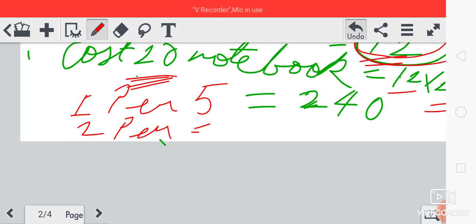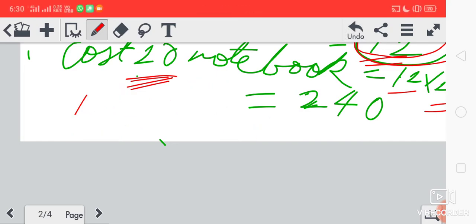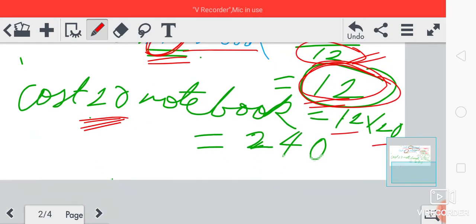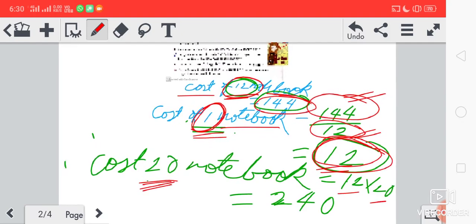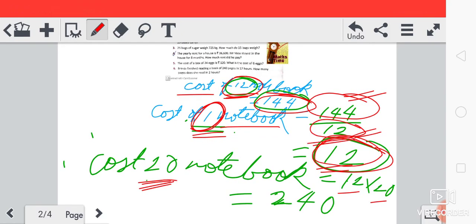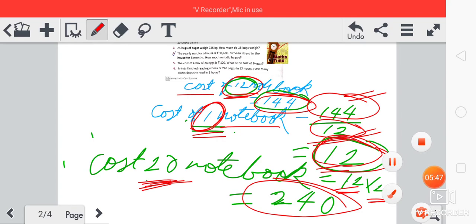Same way, cost of 1 notebook we have got 12 rupees. So cost of 20 notebooks, 12 into 20, we are getting 240. Okay, I hope this is clear to you.